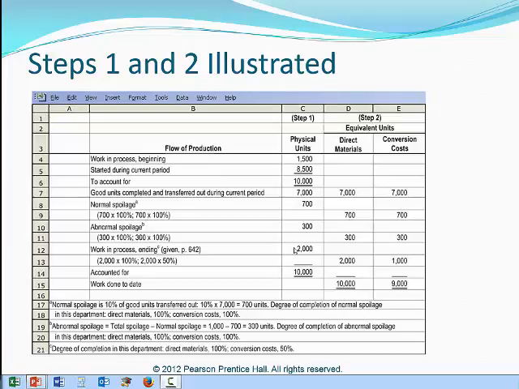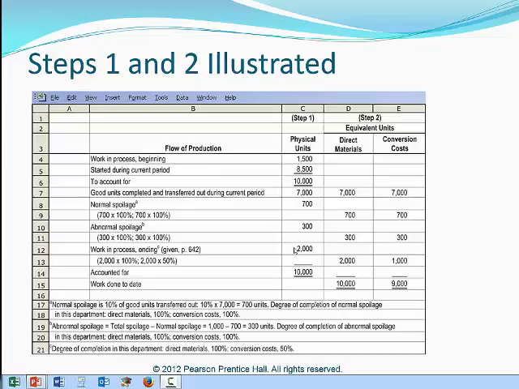Now, if you were to go back and look at the information that was given to you on page 710 or 648, depending on which textbook version you're looking at, they told us that normal spoilage is 10% of good units transferred out. Okay, so what are we saying?